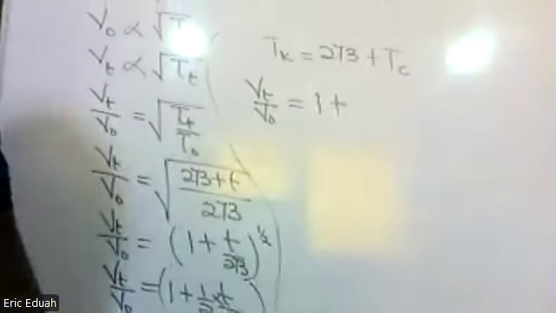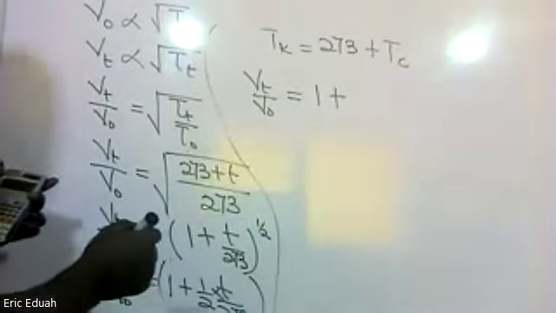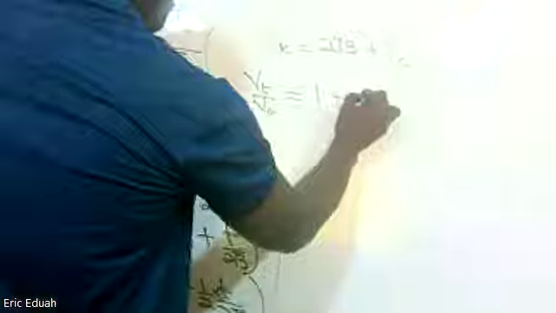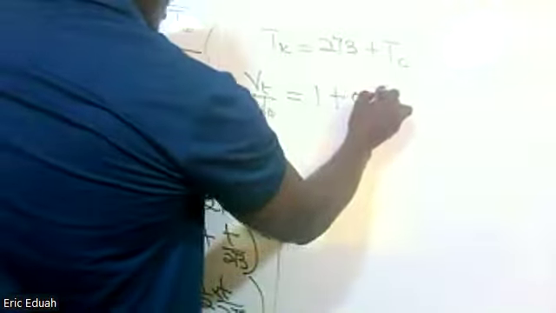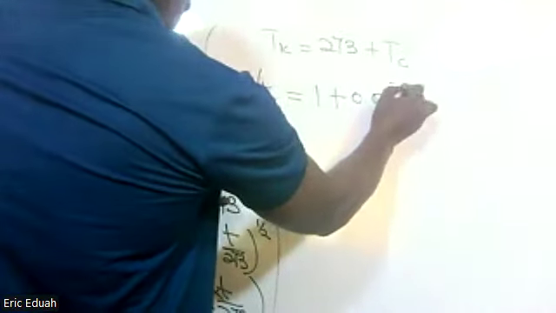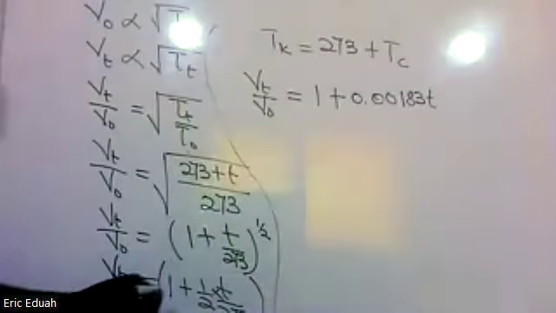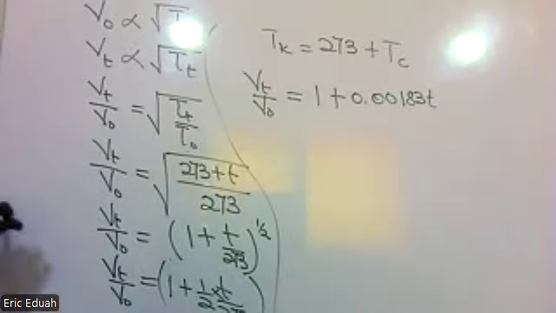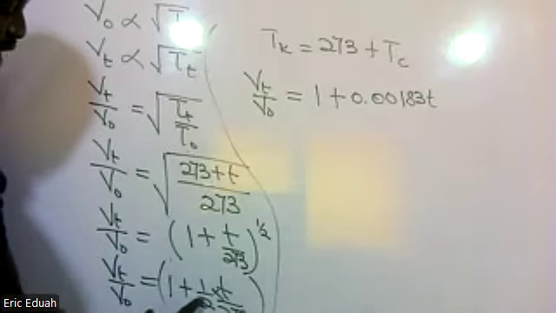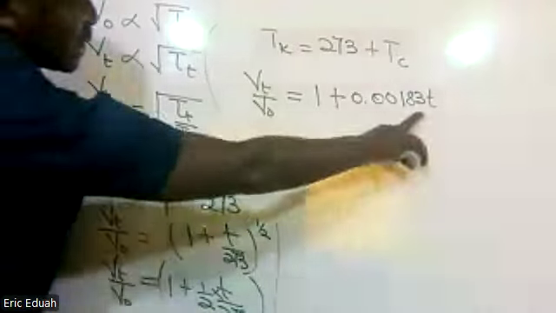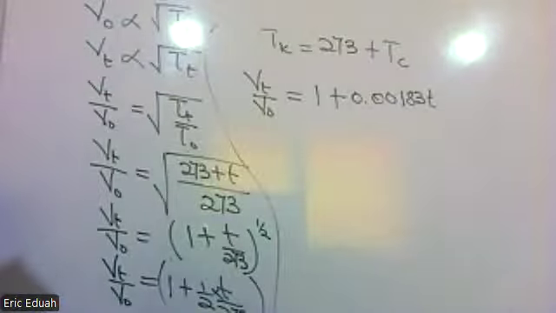You'll get 0.00183. Yes, this will give you 5 something something. But when you divide 1 by 5 something, you get this. Are you okay?